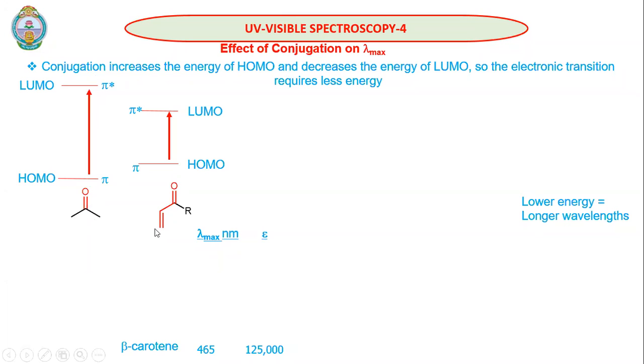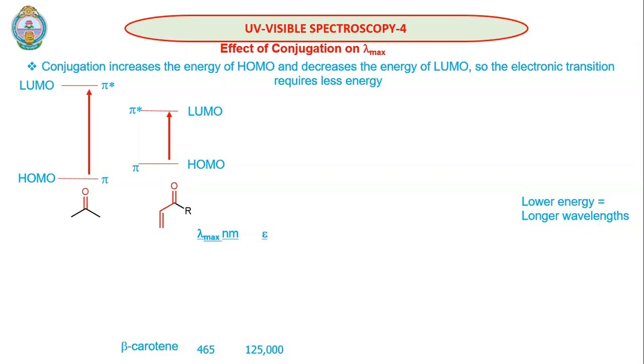Now, when we increase the double bond conjugation, what will happen? The energy required for pi to pi star transition will come down. How will it come down? When we have conjugation, the energy difference between HOMO and LUMO orbitals will decrease.